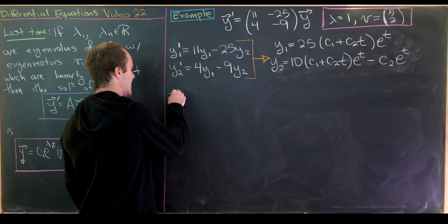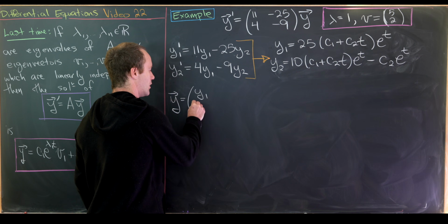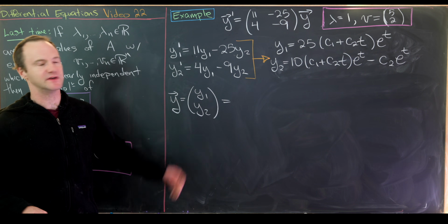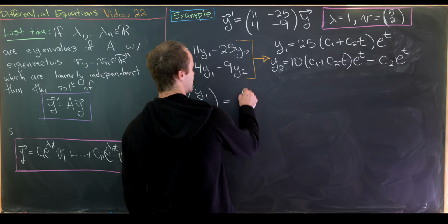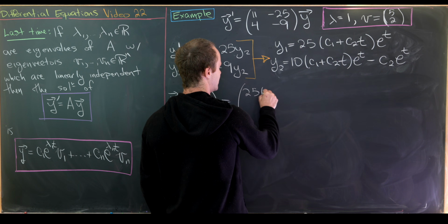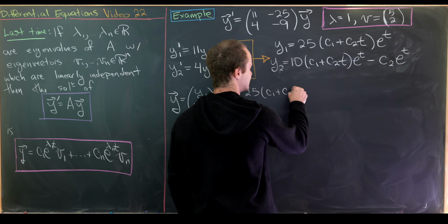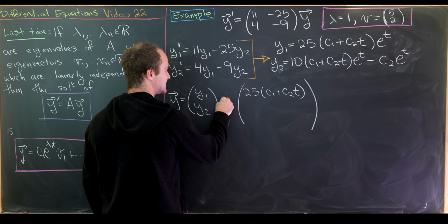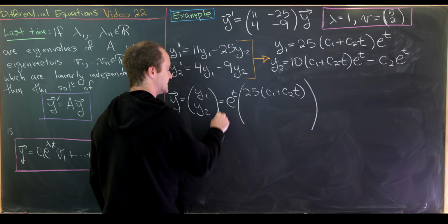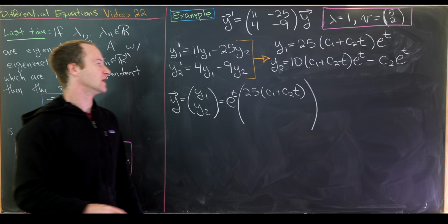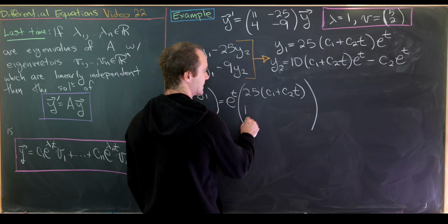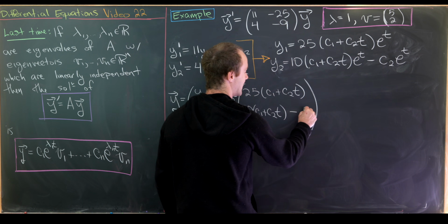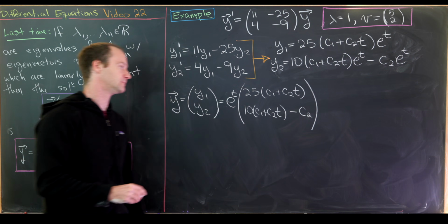So we've got y vector is equal to y1, y2, but we know y1 and y2 by our previous calculation. So that'll be something like this. We have 25 times c1 plus c2 times t times e to the t. But in fact, since everything is a multiple of e to the t, I'll factor that out. And then down here in the second component, I have 10 times c1 plus c2 times t, minus c2.